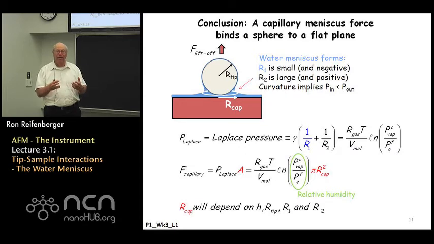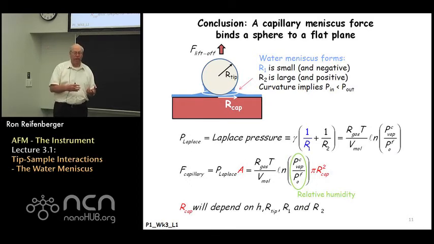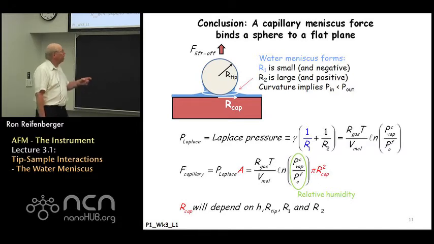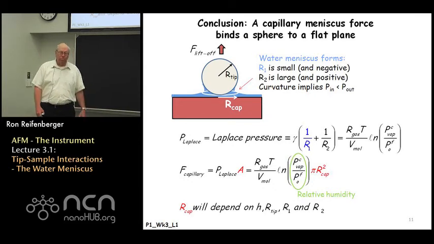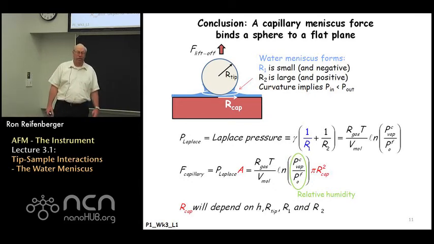To calculate the capillary force, you multiply the Laplace pressure by the relevant area. I show that in the last equation here. The relative humidity is specified by the ratio of the vapor pressure over a curved surface compared to the vapor pressure over a flat surface. So that enters into the calculation.